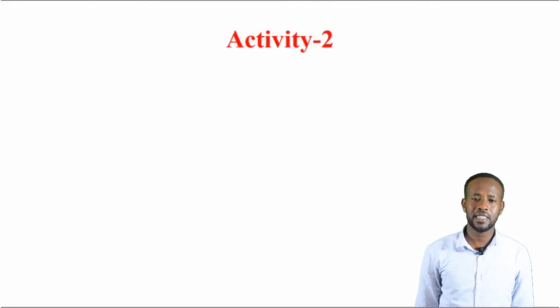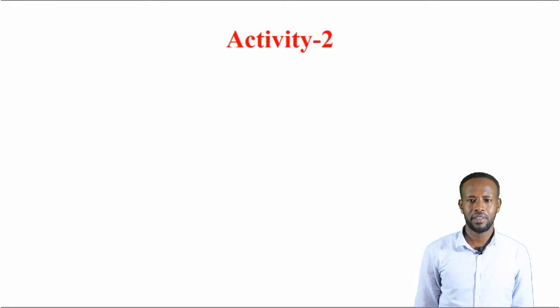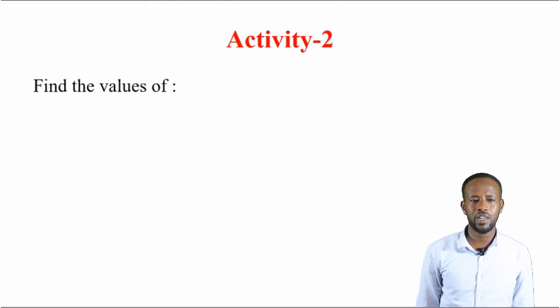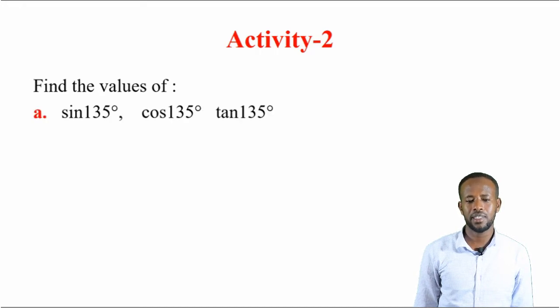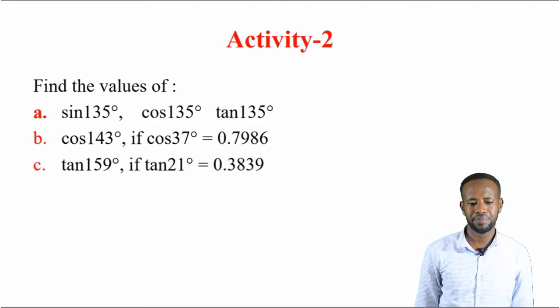Let us see the last activity of today's lesson. You will try to find the values of the following. A, it is this. B, it is this. So find the values of these.